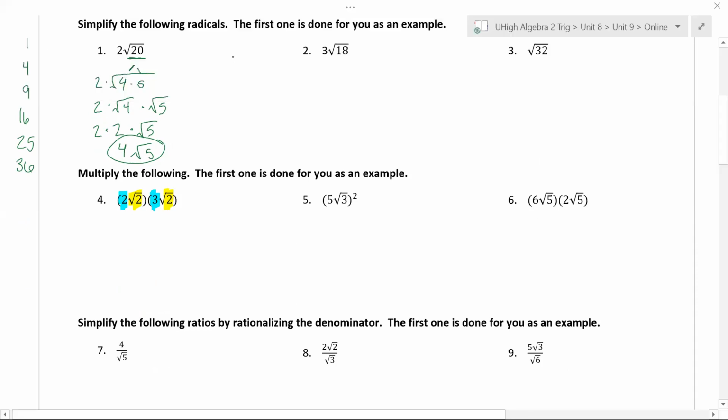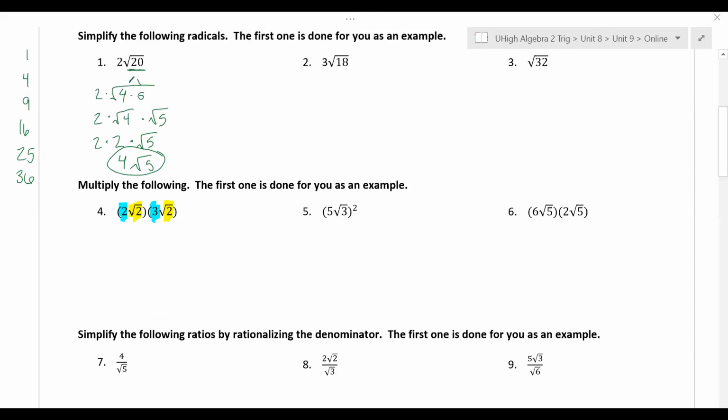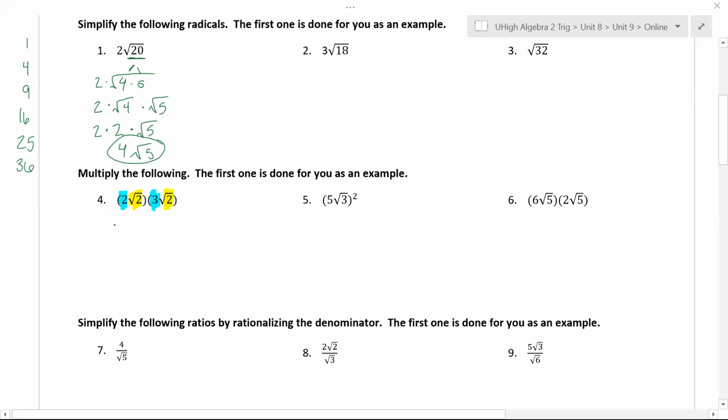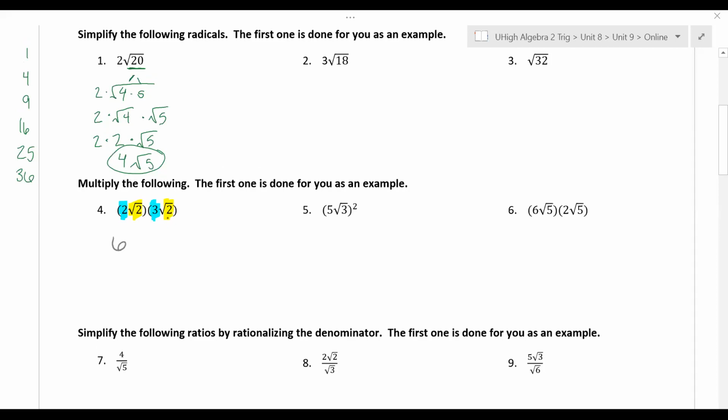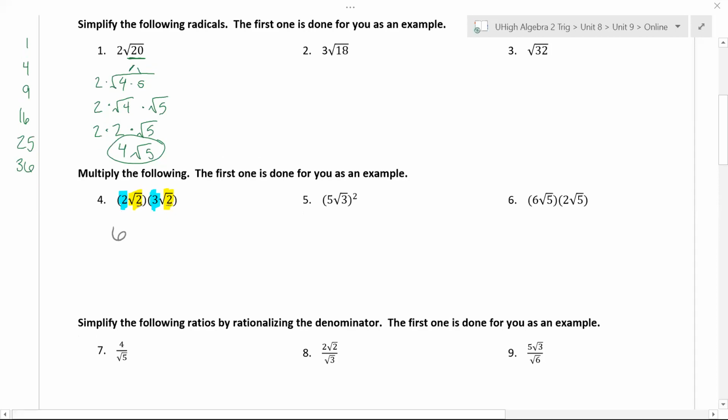So when I multiply what's outside, I would do 2 times 3, which is 6. And then the square root of 2 times the square root of 2. So I multiply what's on the inside of each one, and I would get the square root of 4.